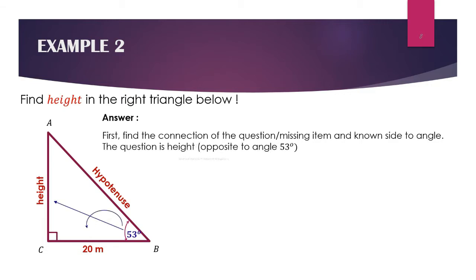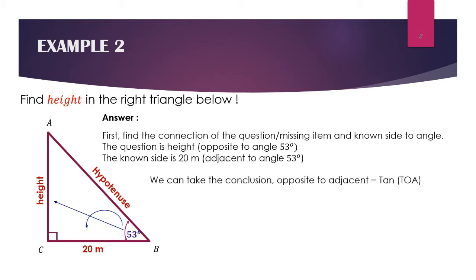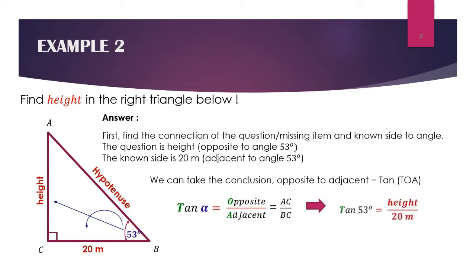We can take the conclusion: opposite and adjacent is tangent, TOA. So tangent alpha is AC over BC. Tangent 53 equals height over 20 meter. 1.327 equals height over 20. So automatically height is 26.541 meter.